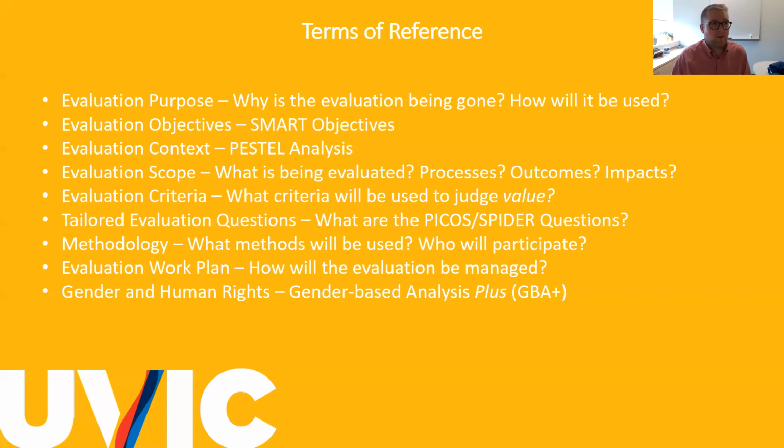If you're working with an organization that works with the elderly, for example, there's definitely going to be thought and consideration around the human rights of the elderly being balanced against things like cost and resource intensity in helping elderly people. So incorporating that as an encapsulating idea as gender and human rights, I think is an important feature, even though that may appear in other areas of the terms of reference.